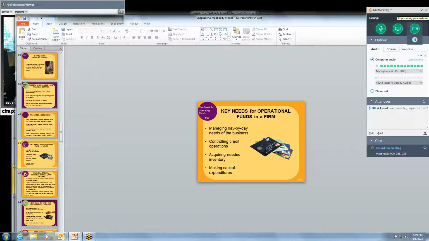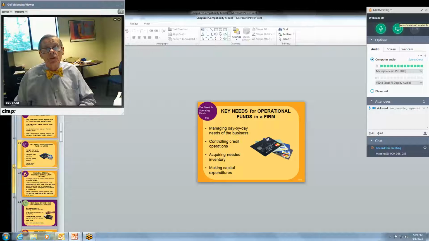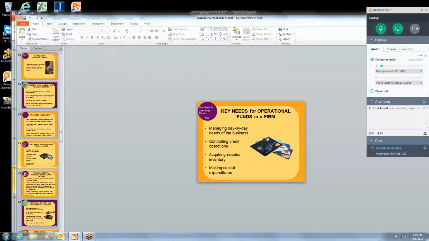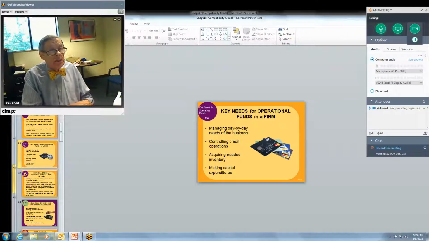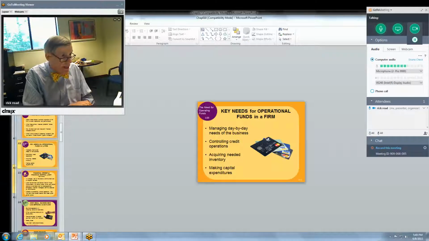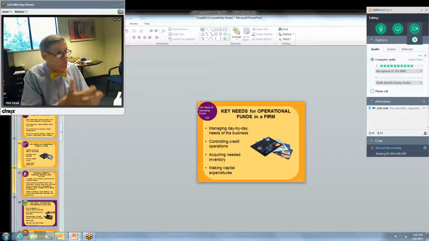Now, these again are how we have to take care of the funds and what we're going to do and how we're going to do that. We have to be able to manage day to day. And so we have to know what that cash flow is coming in and going out. Even though we only report that on a monthly or quarterly basis, we still have to pay attention to it.